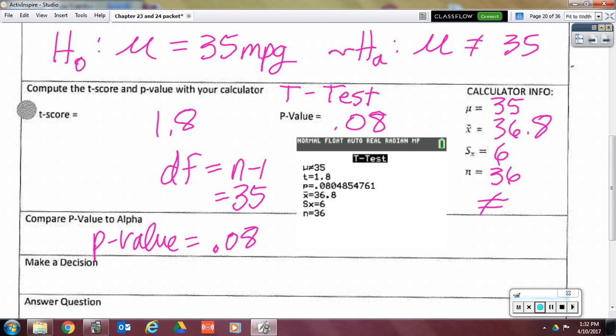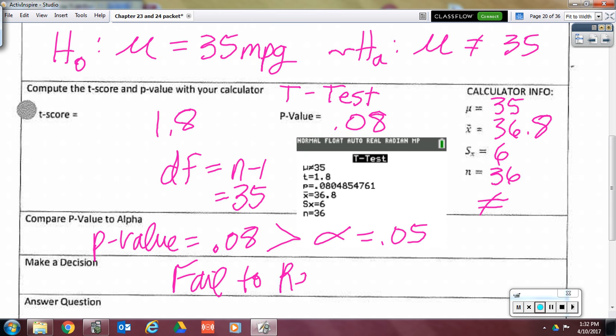So what do you have to say about a p-value of 0.08? It is greater than alpha of 0.05. So we will fail to reject H0. Do we have evidence of not equal to?